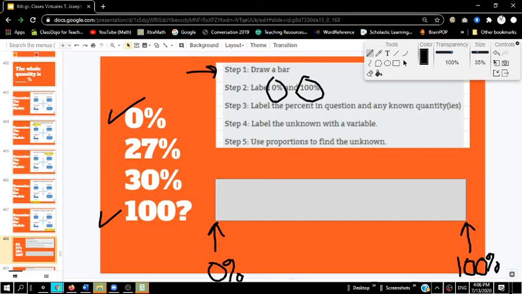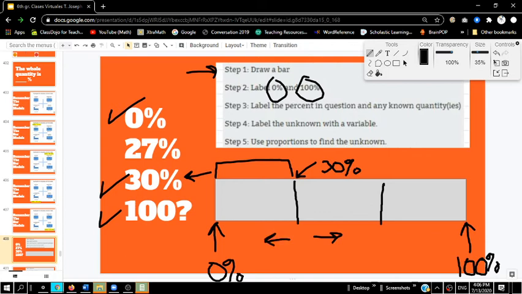Well, we're not going to come up with an exact science, but if we're going to label, for example, 30%, we could just separate this into 3 relatively equal sections, okay? And we could label this 30%. That would be the first part, right? Just this first part right here. That's approximate, just like I said before. So what about 27%? Would it be on this side of the bar model or this side of the bar model?